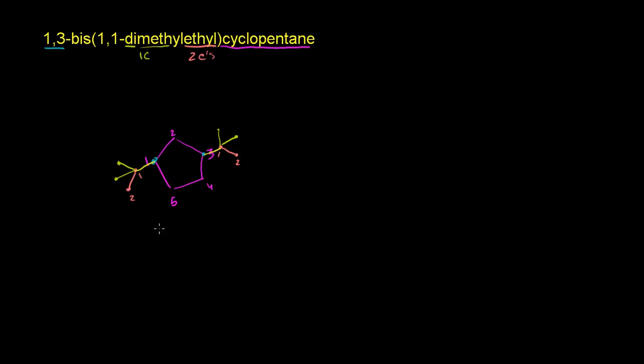That is our structure. Now, if you did this with common naming, instead of this group being a 1,1-dimethyl ethyl, you might see that, okay, we're connected to a group that has 1, 2, 3, 4 carbons in it. The carbon that we're connected to branches off to 3 other carbons. It is a tert-butyl. So you could also call this a 1,3. Let me just write it down.